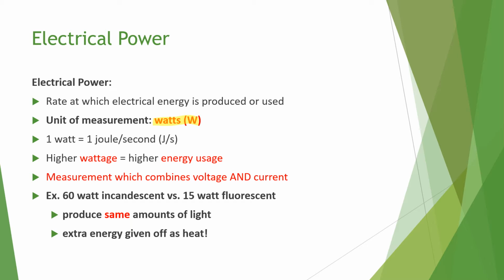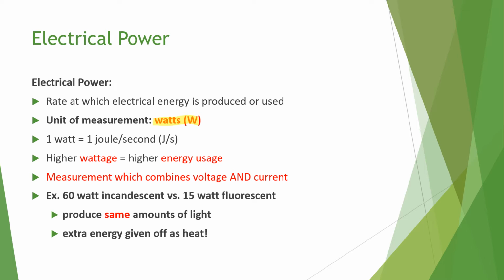The reason why the incandescent requires more wattage is because a lot of the energy that it's producing is actually just being given off as heat. I don't know if you remember these incandescent light bulbs, but they're the ones that get really, really hot. You can't touch them because all of that energy is being given off as heat.